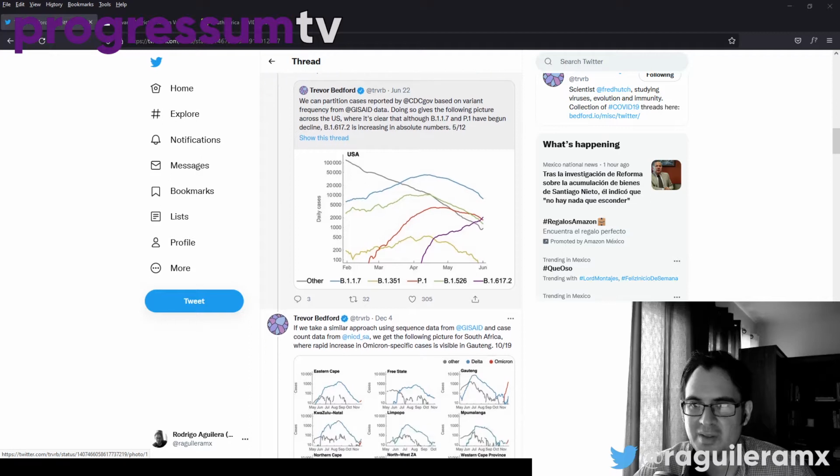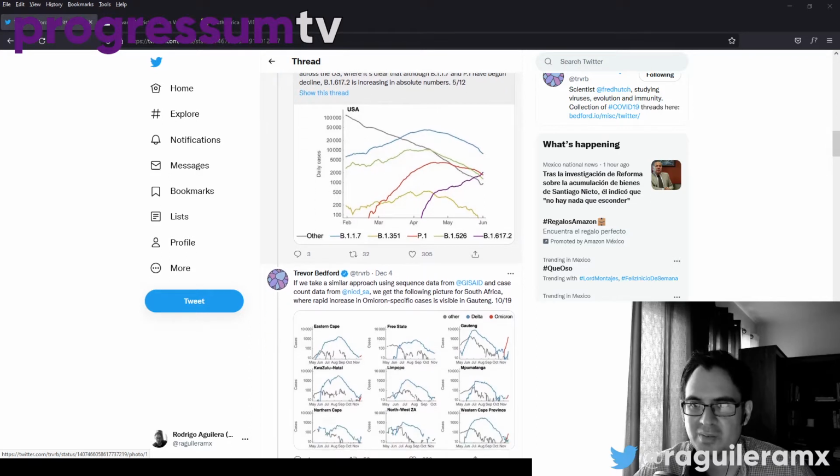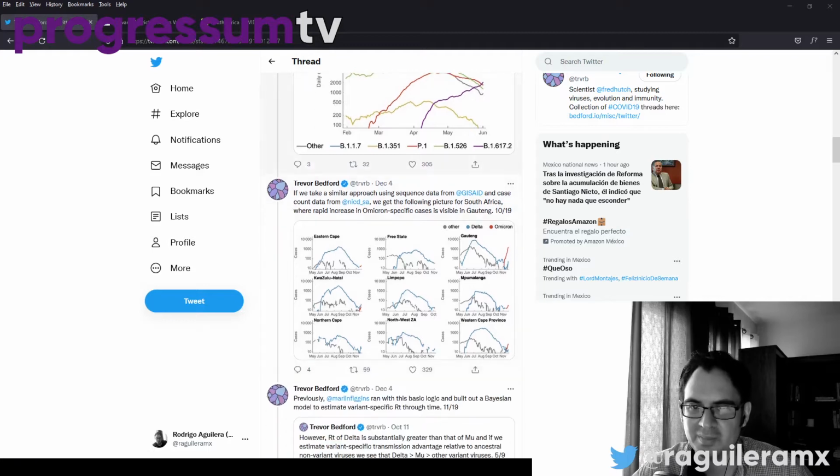Now, this chart is not new. This shows the previous variants in the US and how quickly they've spread or not. The purple one is Delta, so you can see the slope is quite pronounced relative to other ones, and the gray one is the ancestral strain, as in old school COVID, and that one's pretty much disappearing.